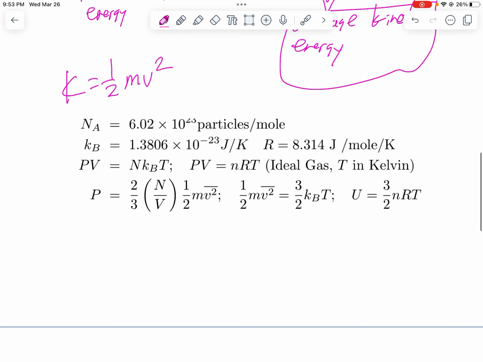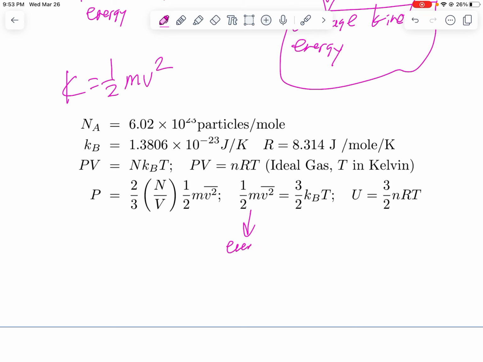So let's start with the one in the middle. It's 1/2 mv squared, but there's a little bar over v. The little bar means average, or really means per particle. So this one will tell you the kinetic energy for a single molecule.